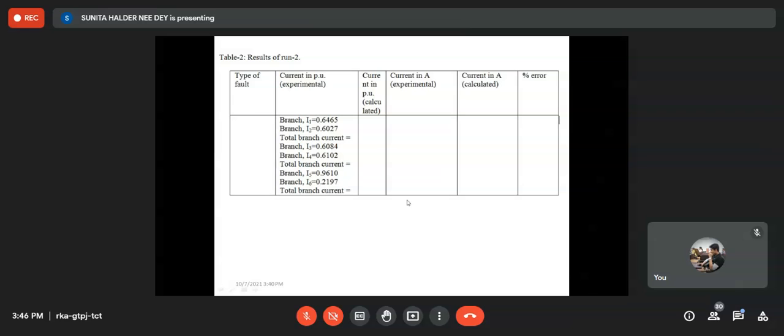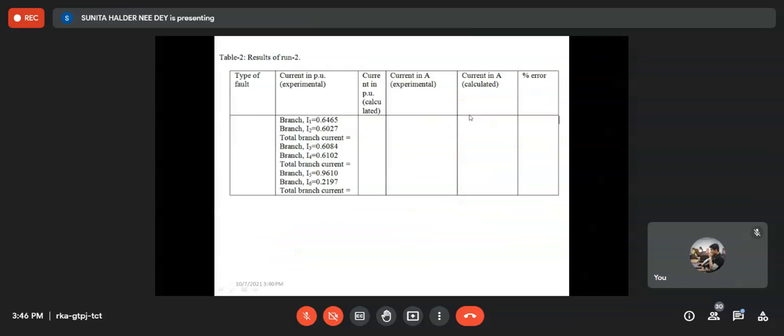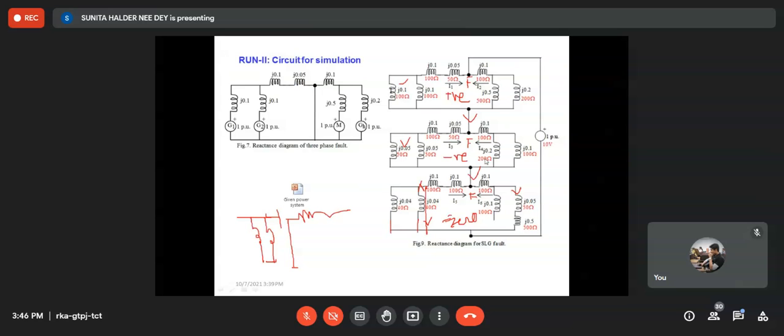Here you see two branch currents are different. It may happen, but you see for this run, this current should be unique, is it not? Because these are series currents. But you see here, the summation of the branch currents I1, I2 will not be equal to I3, I4, because we have simulated this in the network analyzer. So we have connected some resistance.